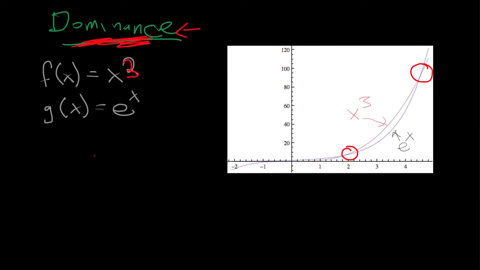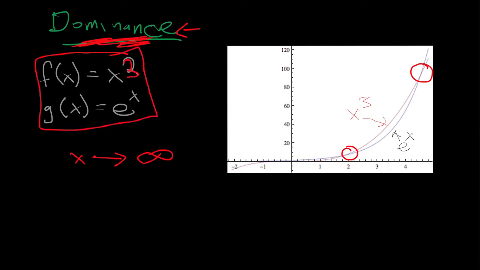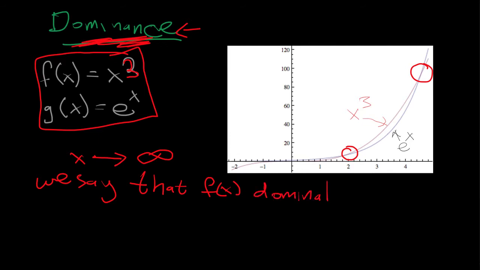Dominance is, as x goes to infinity, what function is dominating the other, which one gets larger faster. So we say that f of x dominates g of x if either one of the two following holds.